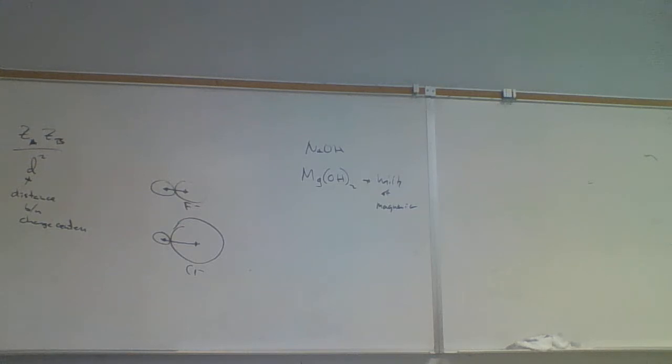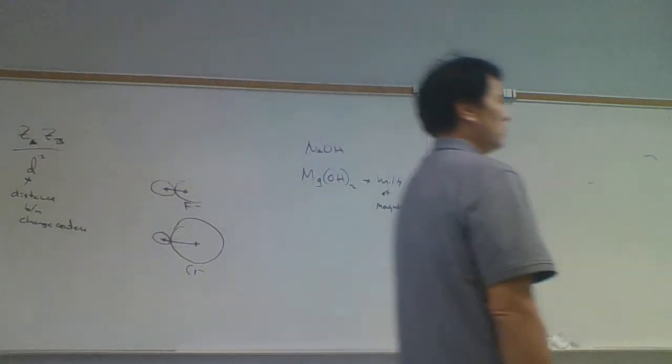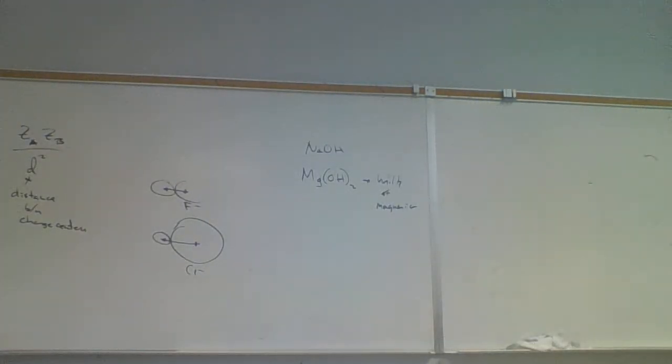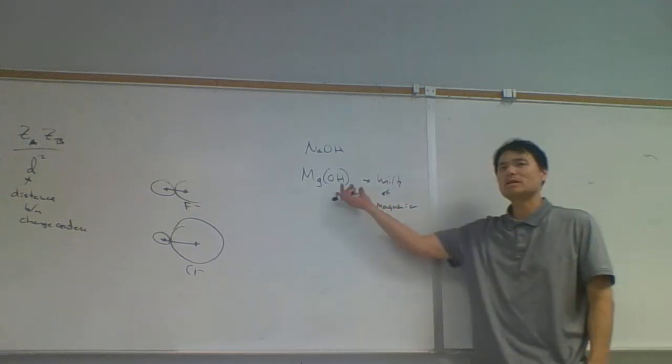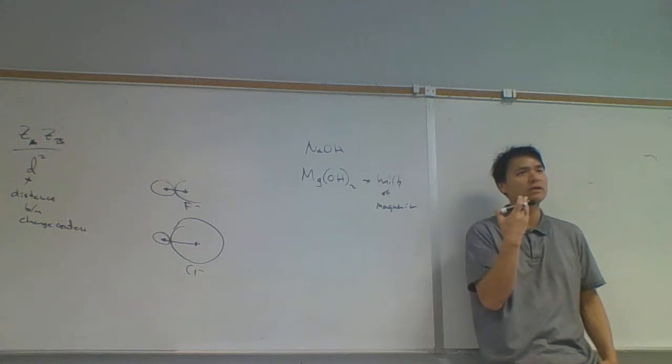Then we factor in the size. So hydroxides, none are soluble except calcium, strontium, and barium. So calcium hydroxide is soluble, but magnesium hydroxide is soluble or insoluble? Insoluble. So this is why it was a paste. It was a paste because I was eating little crystals of magnesium hydroxide. Right?